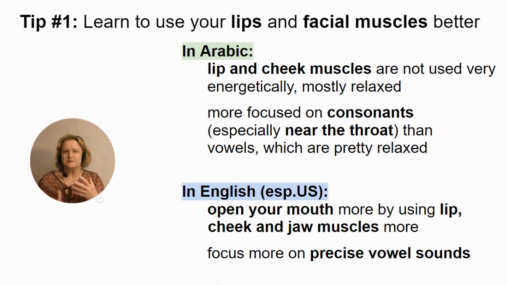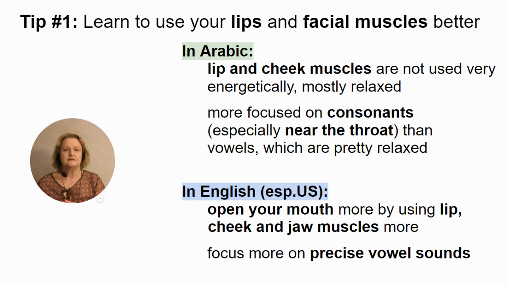And the vowels are pretty relaxed, and you allow a bigger range in how to produce those vowels. In English, especially American English, we open up our mouth more, we put more focus on the vowels, and you really need to use your mouth better to produce the vowels.